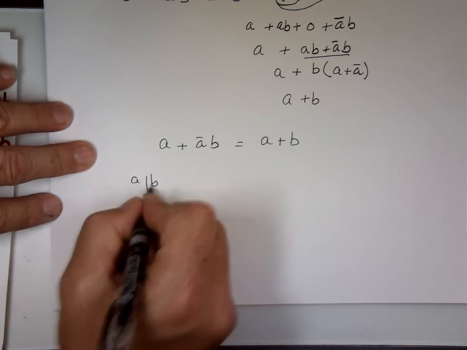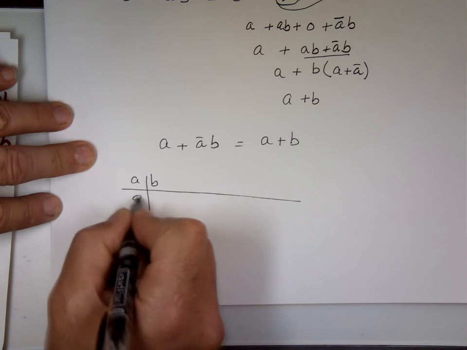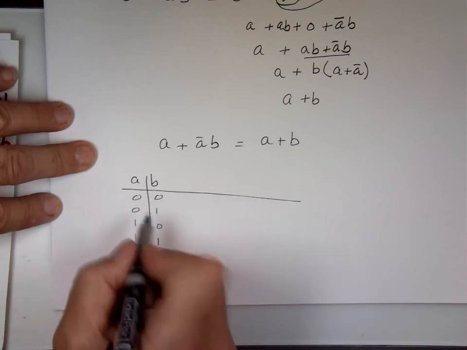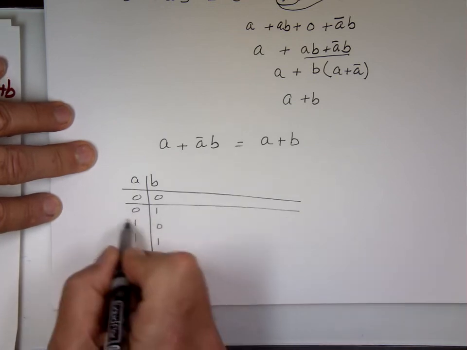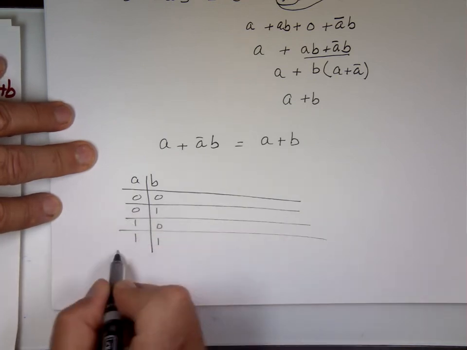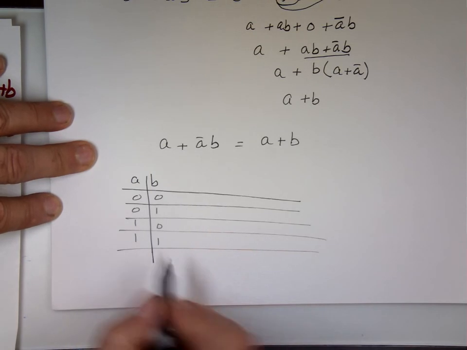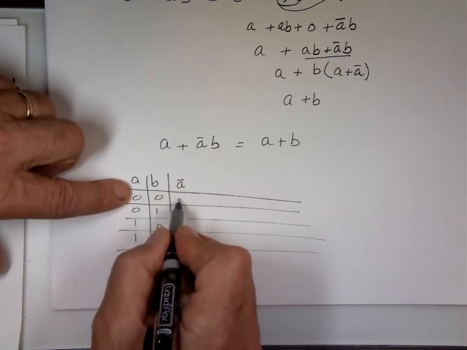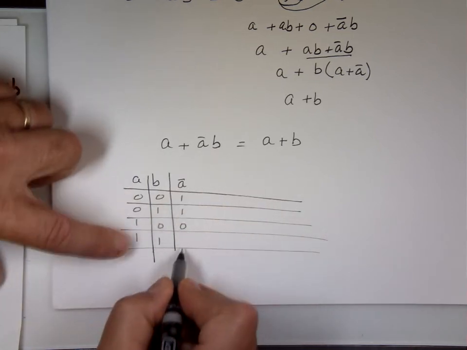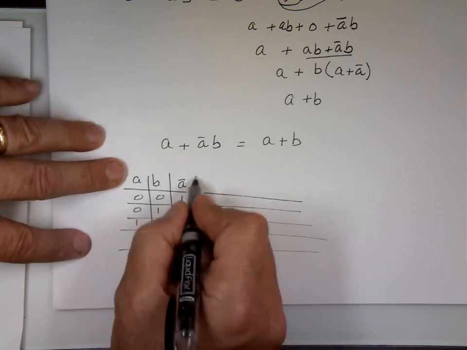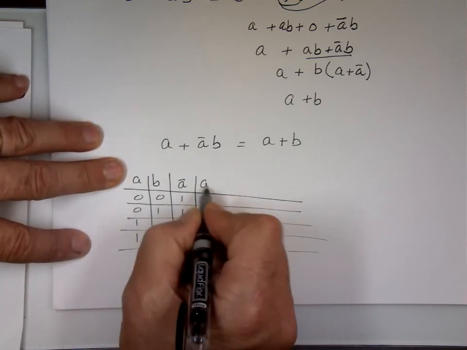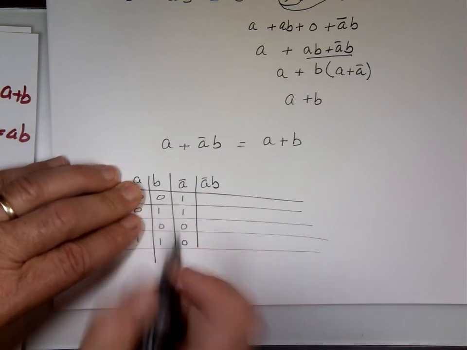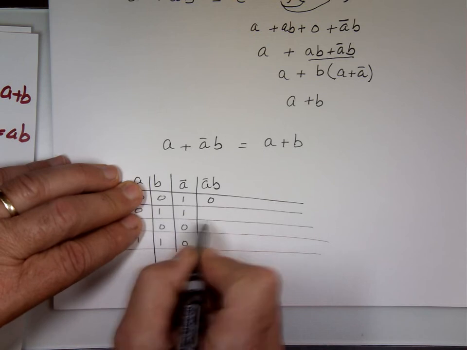0, 0, 0, 1, 1, 0, 1, 1. What's A bar? That's 1, 1, 0, 0, right? What is A bar B? This is A bar and this is B. Let's find the AND. 0 and 1, 0. 1 and 1, 1. 0 and 0, 0. 1 and 0, 0.